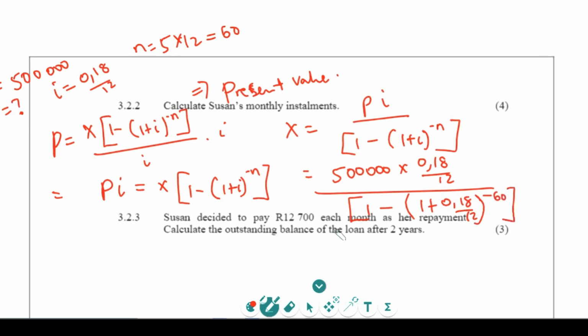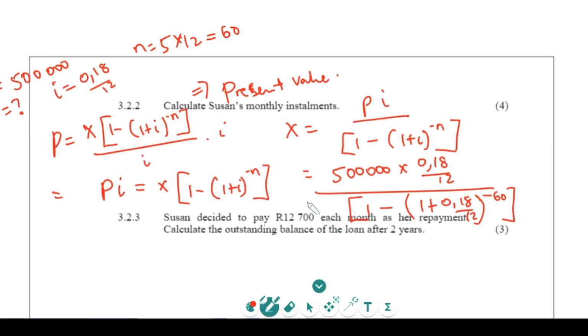Then what is left for me is to just put that within my calculator, within my machine, so that it can do wonders for me. So 500,000 times 0.18 over 12. I'm dividing it by the bracket, 1 minus, okay, that's 1 plus 0.18 over 12, to the exponent of negative 60.